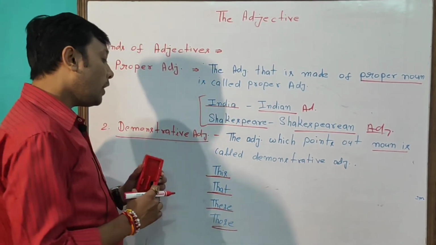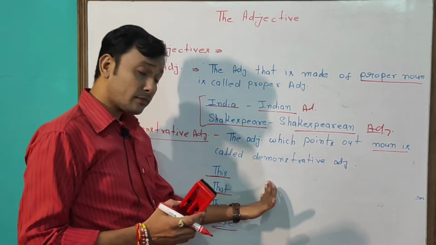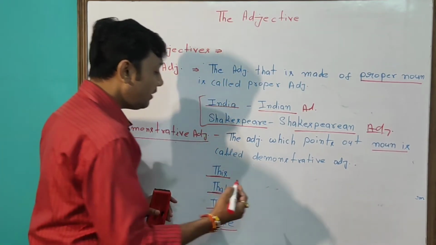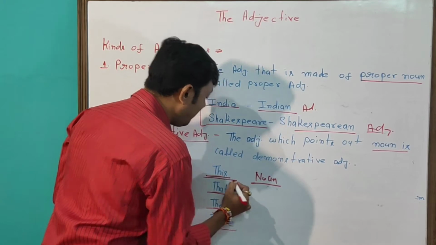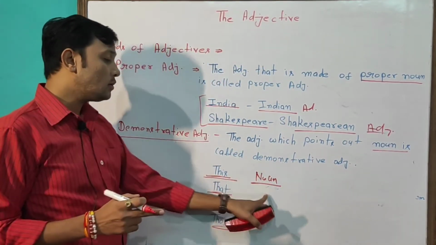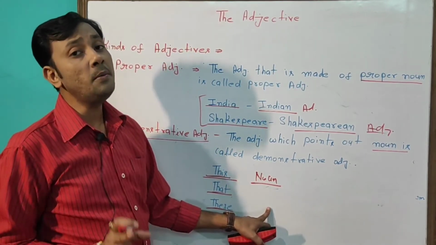I will tell you. If a noun is used after these demonstrative words, then they are used as demonstrative adjectives. If a noun is not used after these words, that means they are used as demonstrative pronouns.